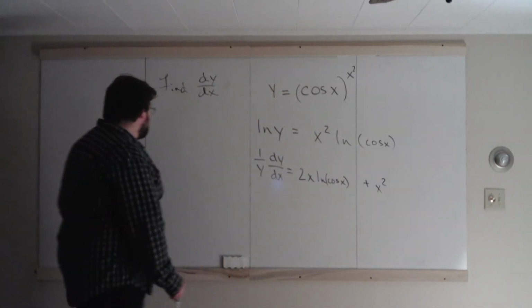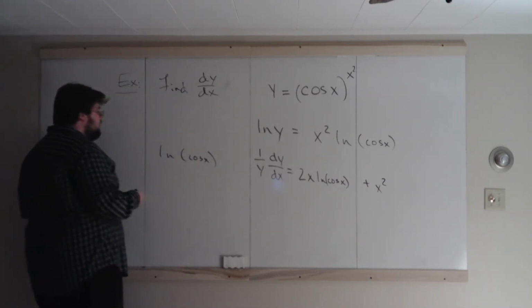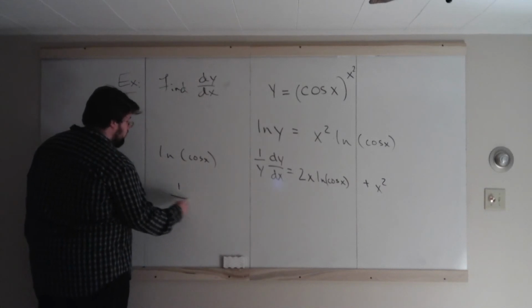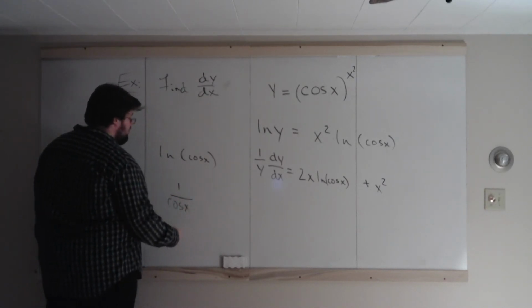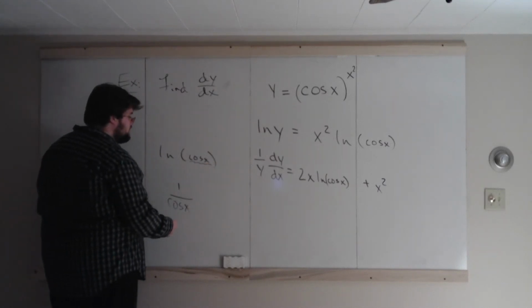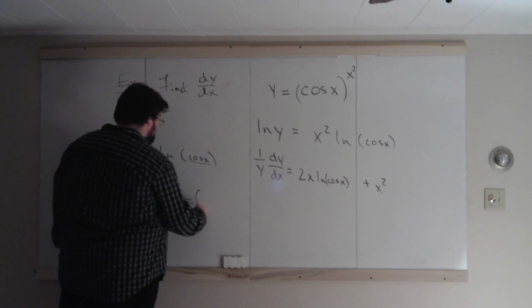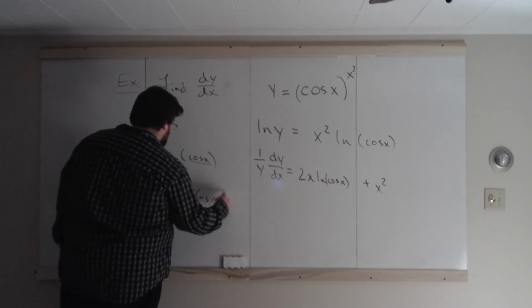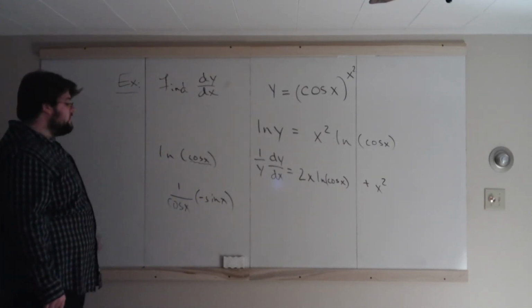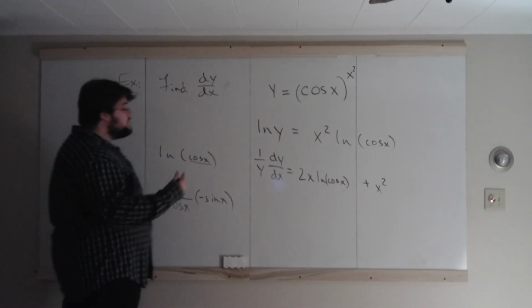Well, what's the derivative of log of cosine x? The derivative of log of anything is 1 over that thing. But then you multiply by the derivative of the inside using chain rule. You could do a u substitution. u equals cosine x. Derivative of cosine is negative sine. So the derivative of log of cosine is 1 over cosine times negative sine.